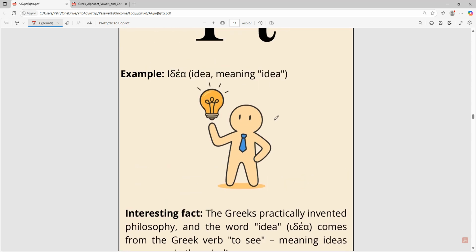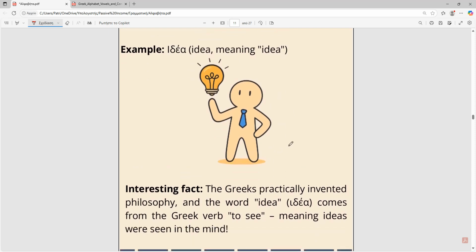Basically, idea comes from the verb βλέπω, the verb to see in Greek in the present tense. But of course, we can see it also in other forms, like I will give you one, thado, in the future simple, but we can see it also in na dho.